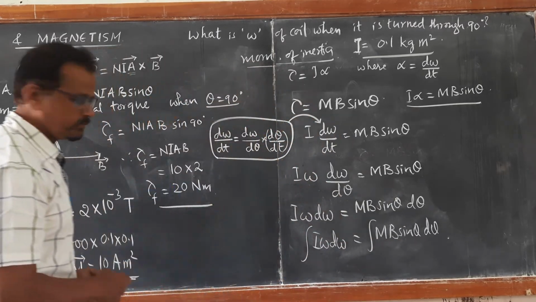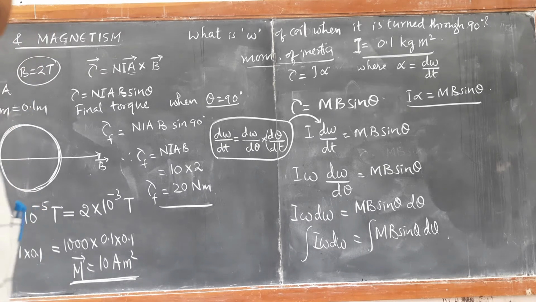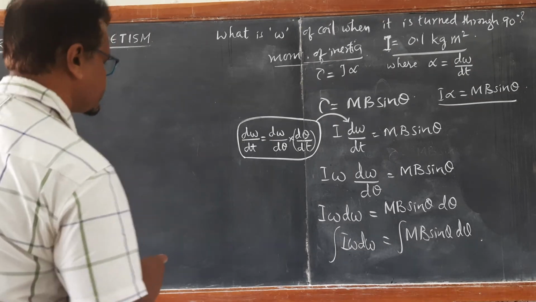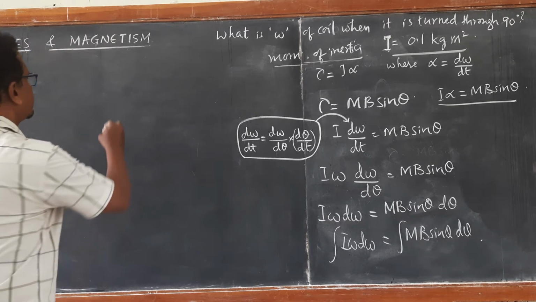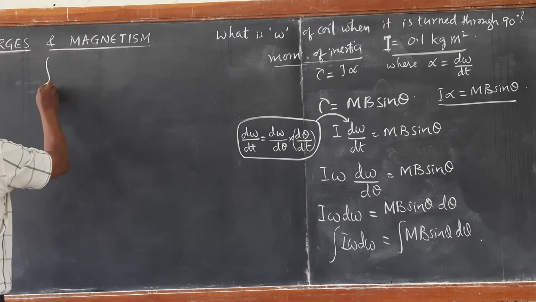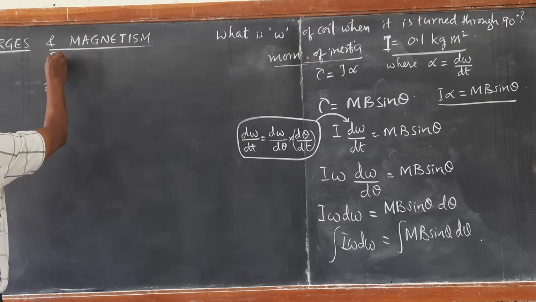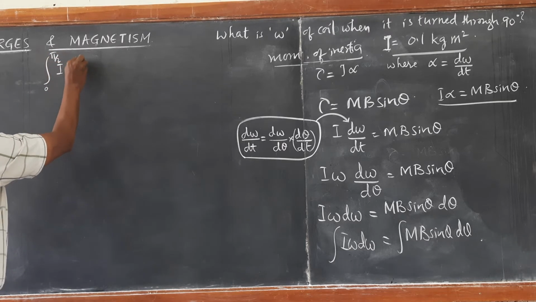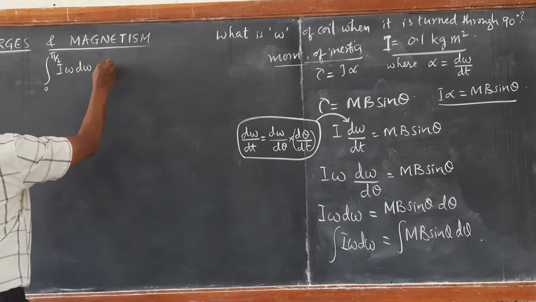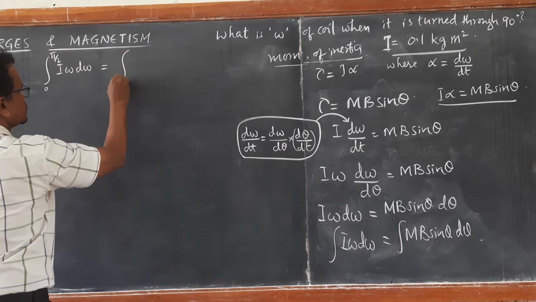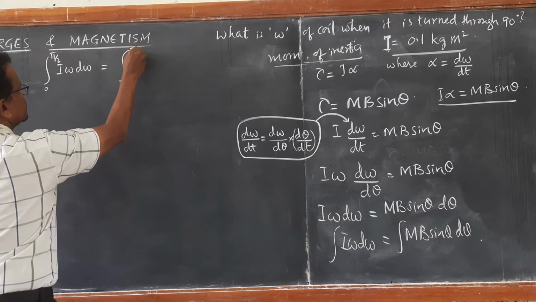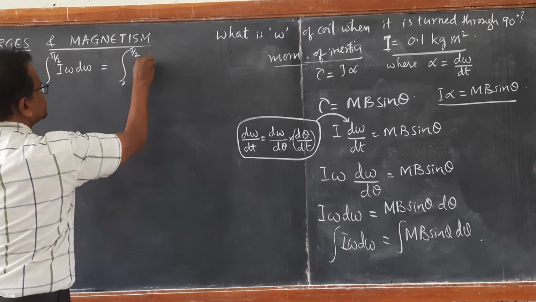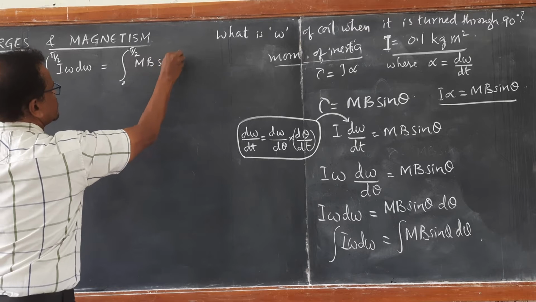Now, carrying out the integration from 0 to pi by 2, because it is turned from 0 to pi by 2, I omega d omega equals, on the right hand side also 0 to pi by 2, mB sin theta d theta.